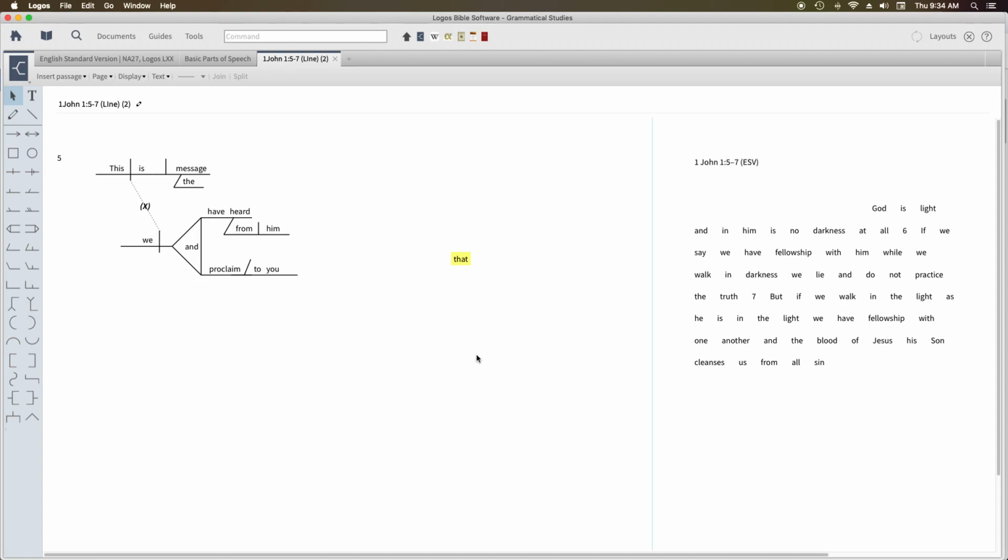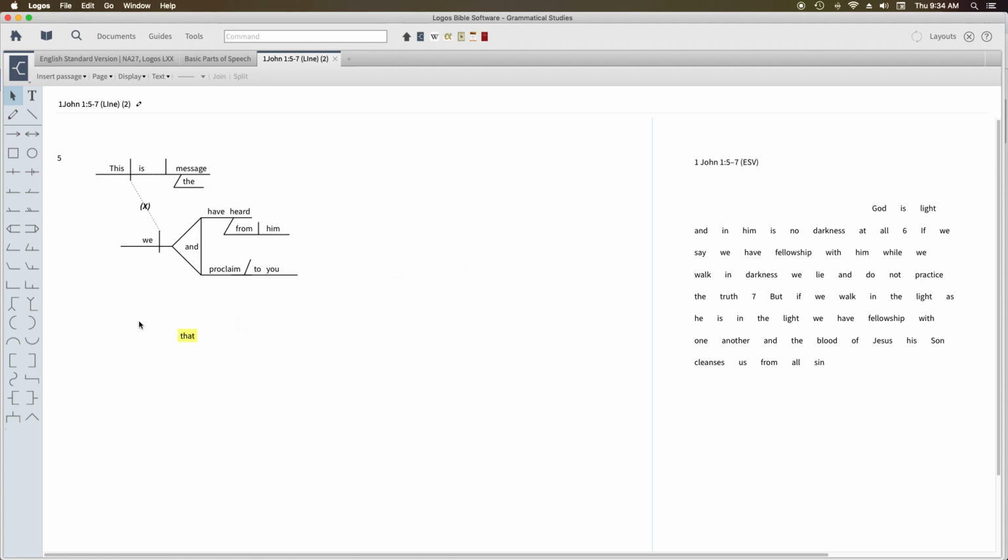And this is the message which we have heard from him and proclaimed to you, which God is light. And that doesn't make sense, does it? So we know it's not functioning as a relative pronoun, so it's got to be functioning as a demonstrative, and I think it is functioning as a demonstrative. But what is that pointing back to?